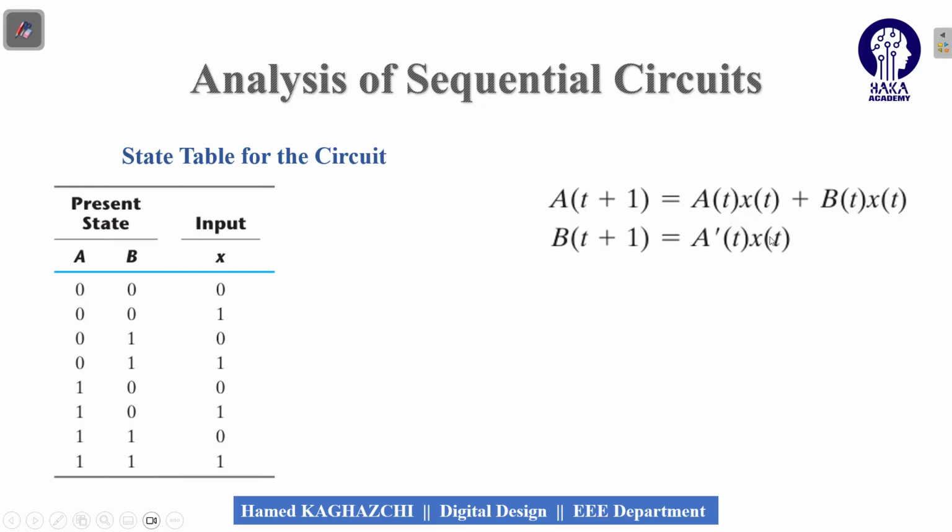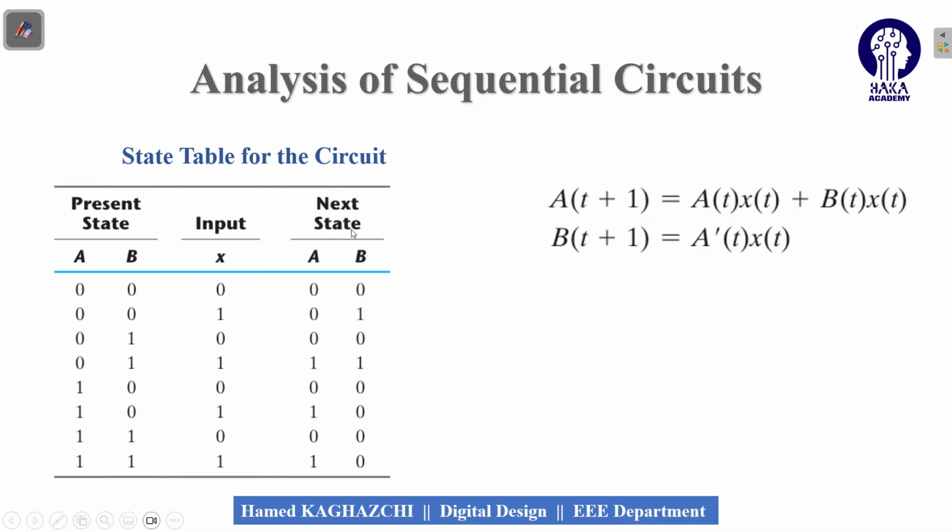Now, according to the state equations that we have obtained, we can find the next state. Actually, this A is A(t+1) and this B is B(t+1). Using this equation, with A(t), B(t), X(t), and substituting here, you can find A(t+1). For example, for the first row, A is 0, B is 0, X is 0. 0 and 0 or 0 and 0, the result is equal to 0.